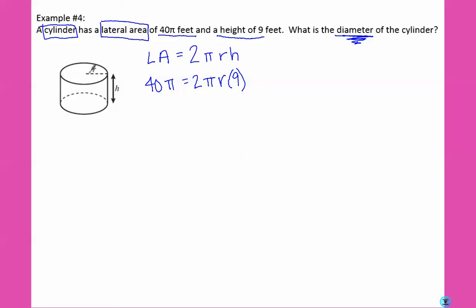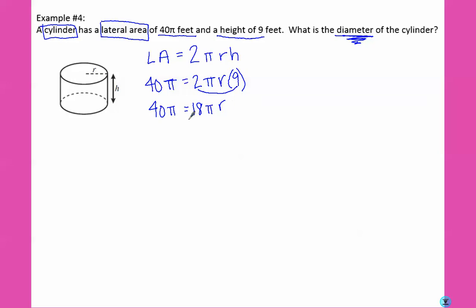Well, if you recall, the radius is halfway across the circle, and diameter is the entire way across the circle. So if we know the radius, we can find the diameter. So let's find the radius first. Let's multiply what we can here. Since there's a pi over here, I'm not going to worry about the pi on the right yet. So 40 pi equals, I'm going to multiply the two numbers that I have together. 2 times 9 is 18 pi r.